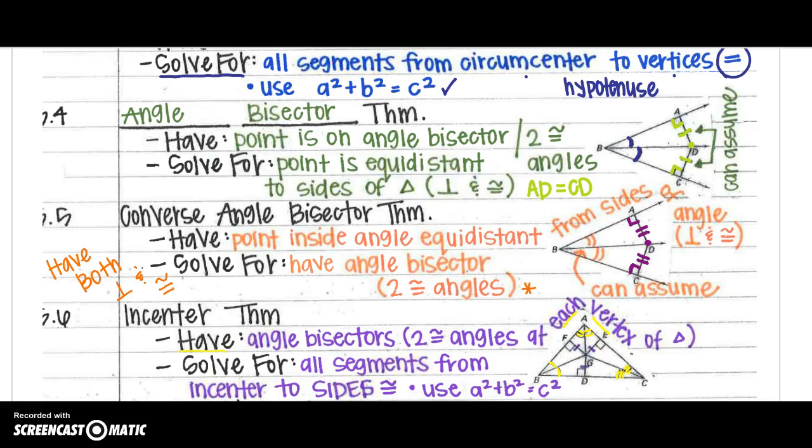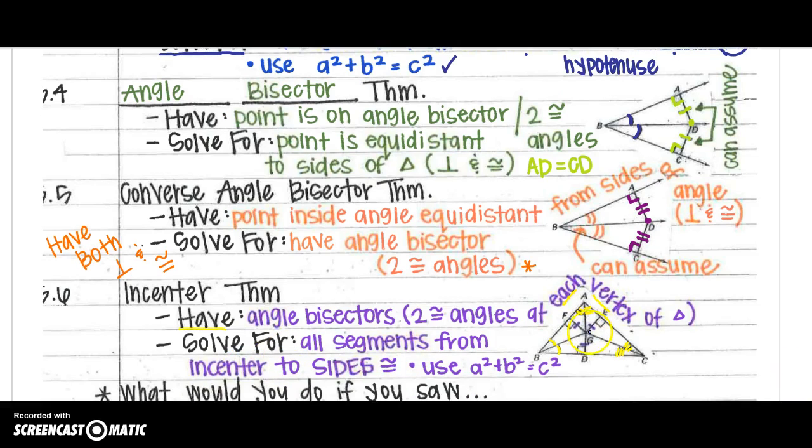Now I know that the segments from the in-center, which is point G, to the sides are congruent. So I know that DG is equal to GE, which is equal to GF. That is very important because then again, notice your baby right triangles in the big triangle. You can use the Pythagorean theorem.